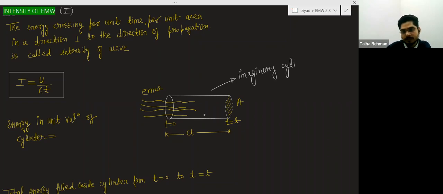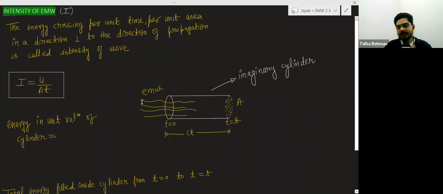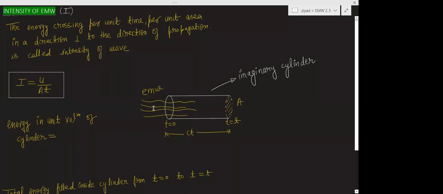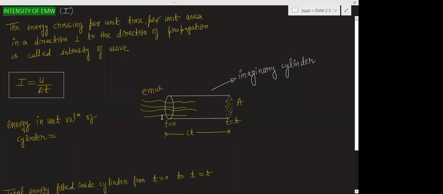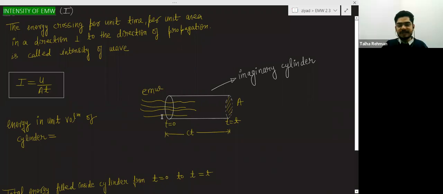And the electromagnetic wave, simply light is an electromagnetic wave, is crossing the area of this cylinder, means electromagnetic wave is entering in this cylinder at t is equal to 0, and at t is equal to t, this electromagnetic wave is leaving.